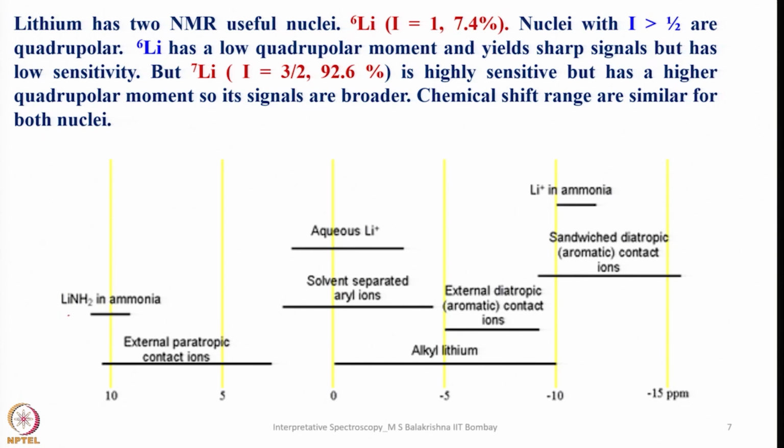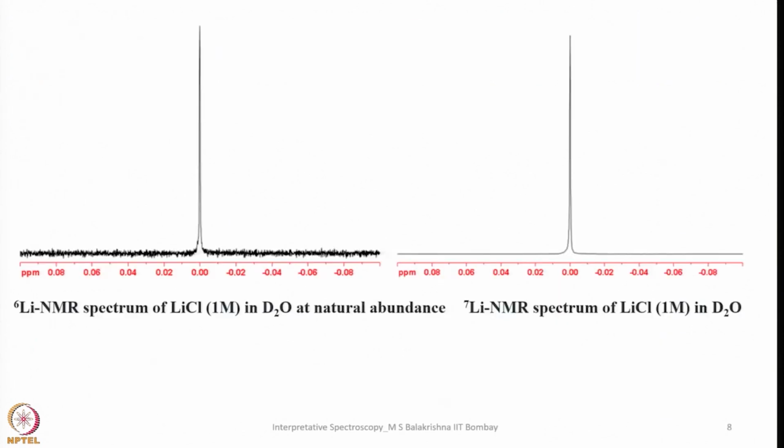You can see here lithium amide in ammonia comes in this range, and then external paratropic contact ions will be in this range, and aqueous lithium plus would be around 0, and solvent separated aryl ions also come in the same range, and the external diatropic aromatic contact ions would also come here, and alkyl lithium would come around here, and sandwiched diatropic aromatic contact ions would come anywhere between -10 to 15, and also lithium plus ion in ammonia comes around -10.